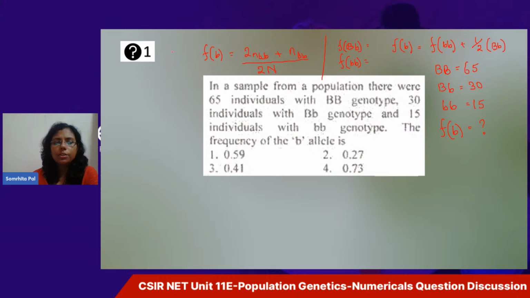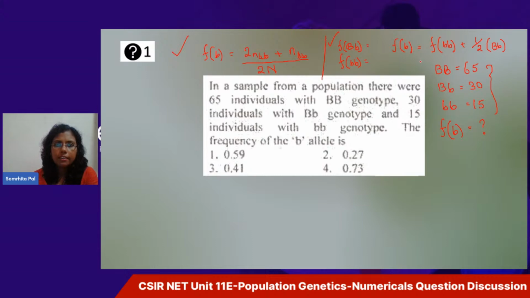So either you can use this formula using the data that is given to you, straight away, or you can use the second formula also, but in that case first you have to find out the genotypic frequency of each, and then put it in this formula. Now whichever way you use, you will come up to the same answer.